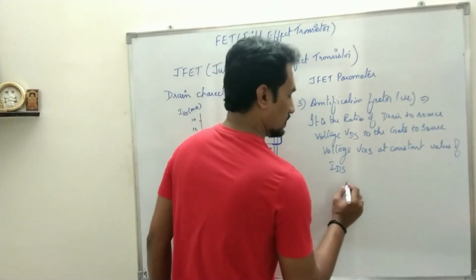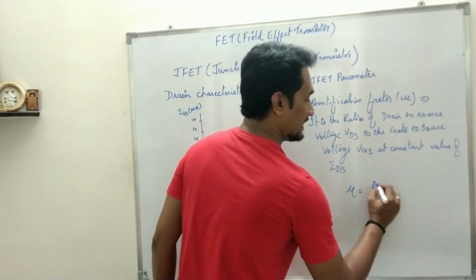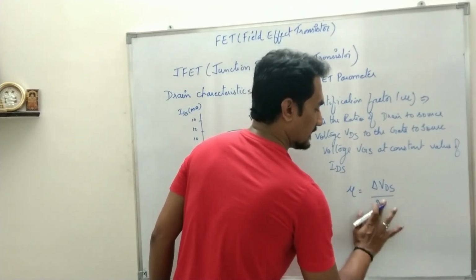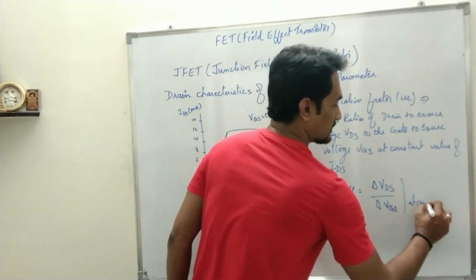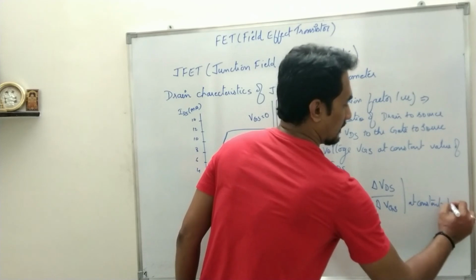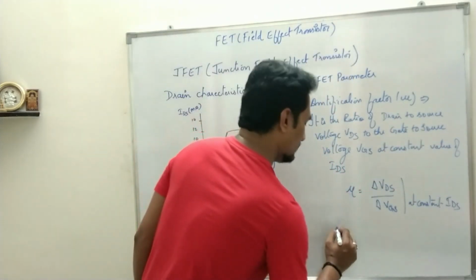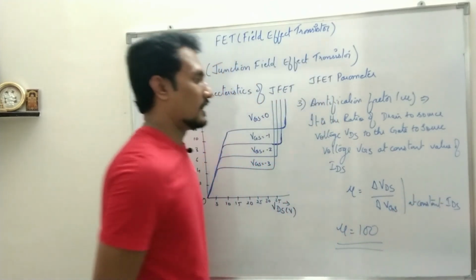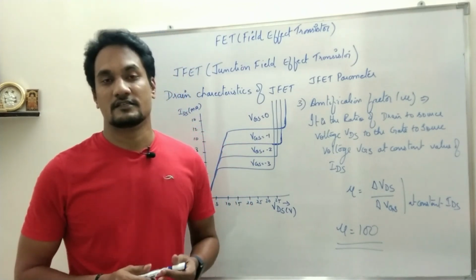So mu will be delta VDS upon delta VGS at constant IDS. Typically mu is 100 for a particular designed JFET.